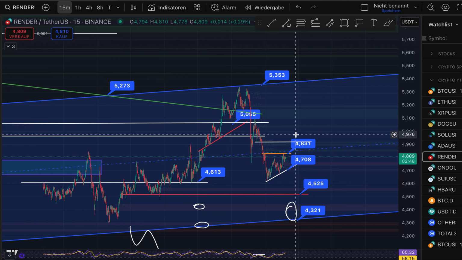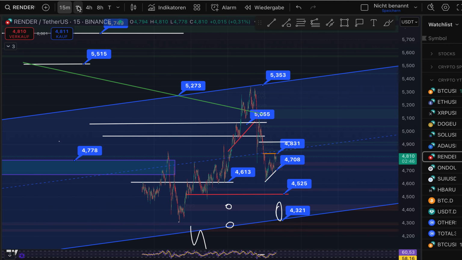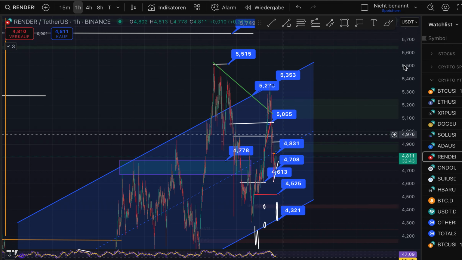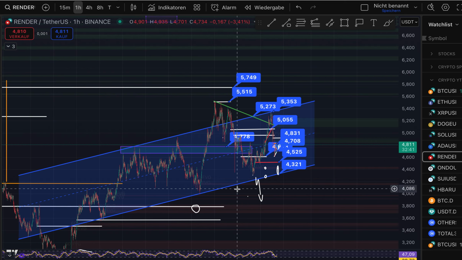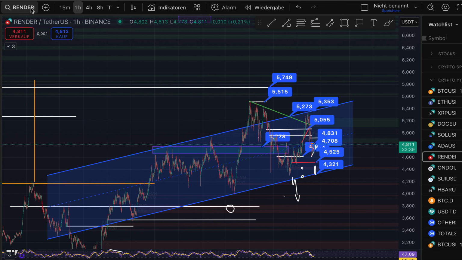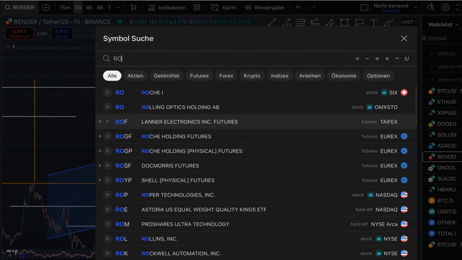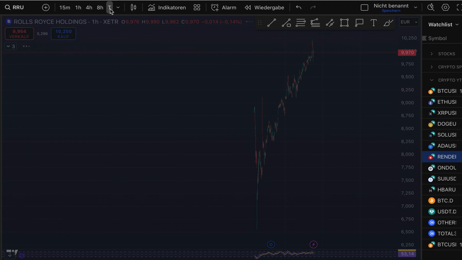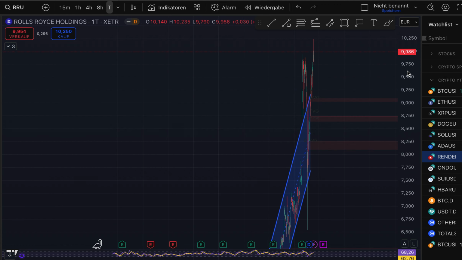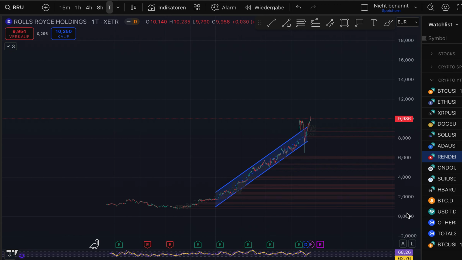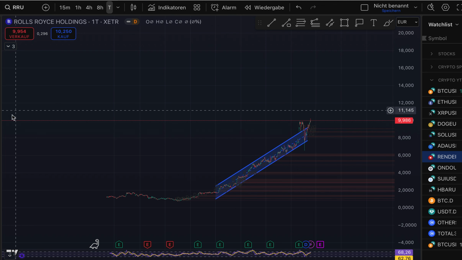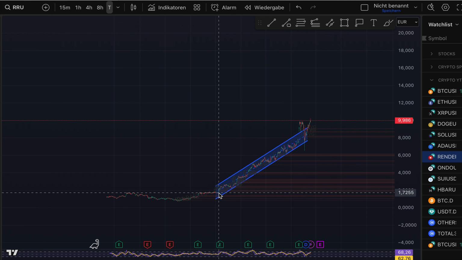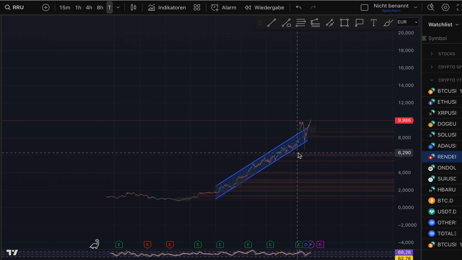It is like, we have to go into the 1 hour chart. As long as we hold that panel, it is fine. If we look, for example, and this is a stock, it's the Rolls-Royce stock, and we go into the daily time frame, then you can see that the price went up within that panel from July 2023 to February 2025.